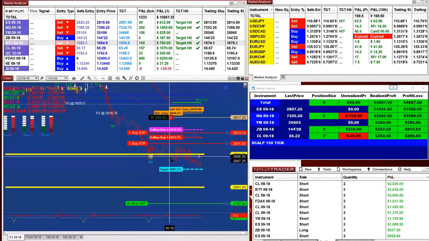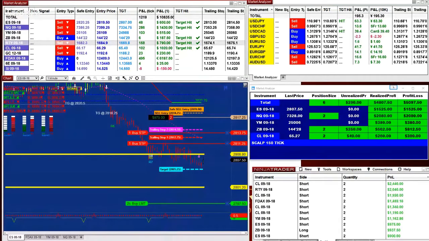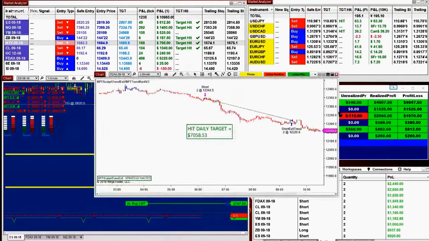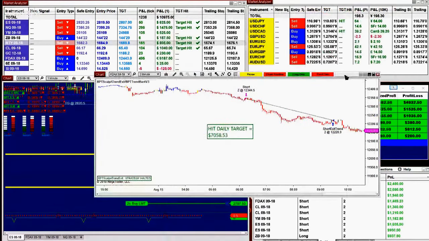And for an advanced trader, you can also do this on our auto trade. It's for an advanced trader, not for the guy who cannot do that.